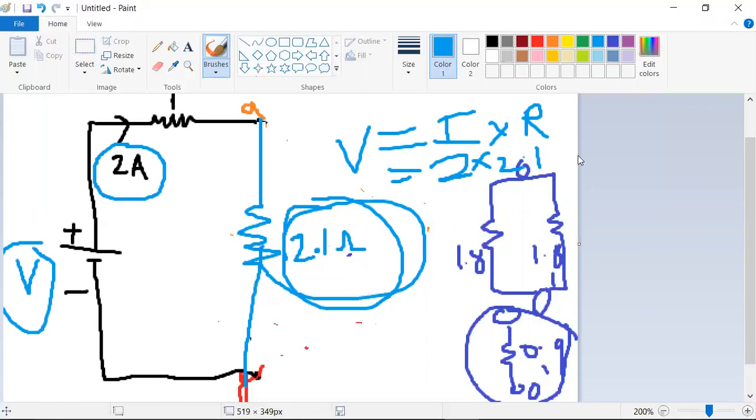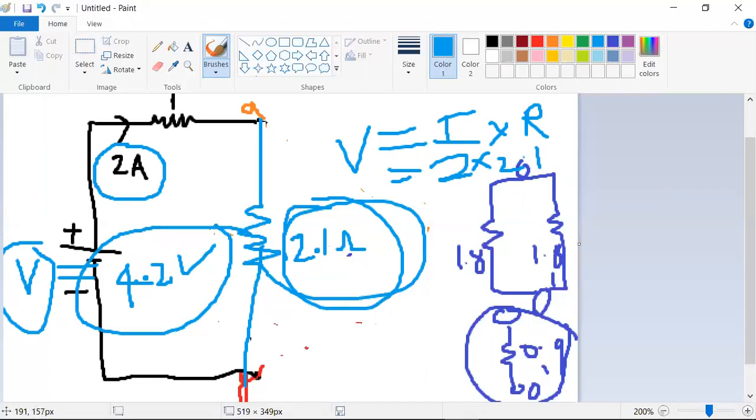Then 2.1 into 2 is 4.2. The voltage of this battery is 4.2 volts. This is the way of doing this problem, my side of solving it.